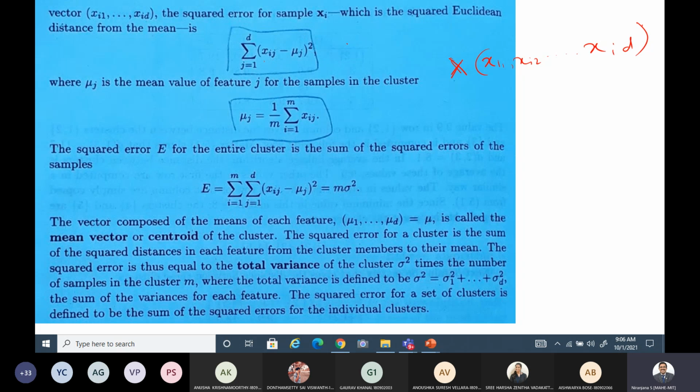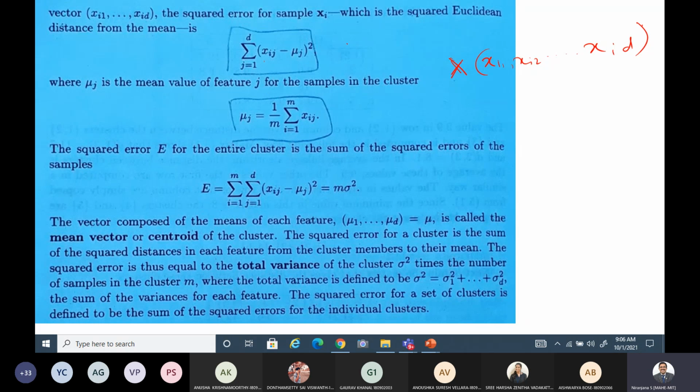And you do the summation over all the samples within the cluster, to find how far those samples are from the mean point. What is that mu j? Mu j is nothing but the mean. Mu j is the mean value of feature j.